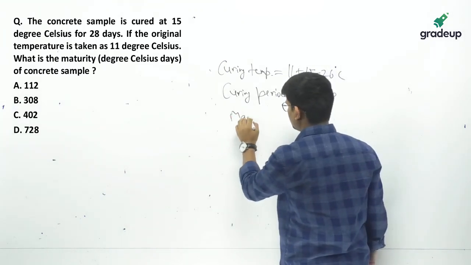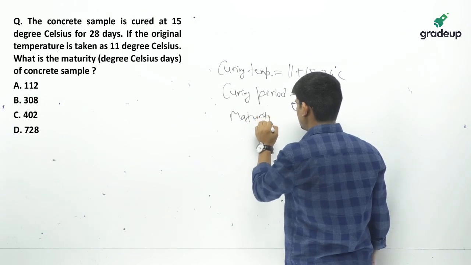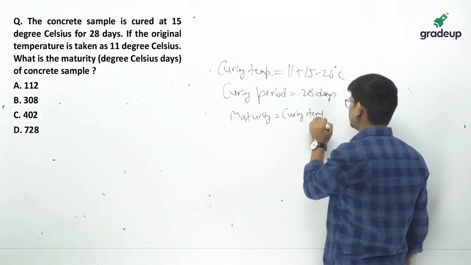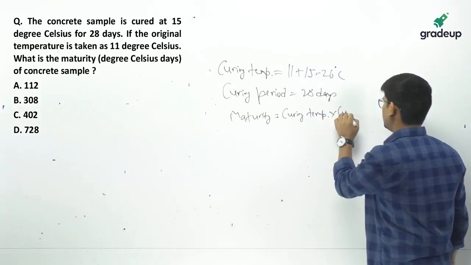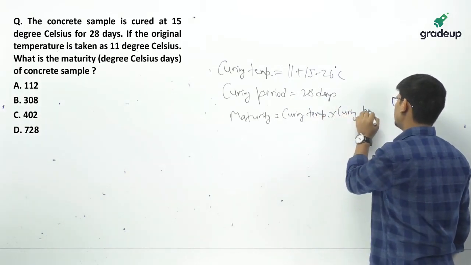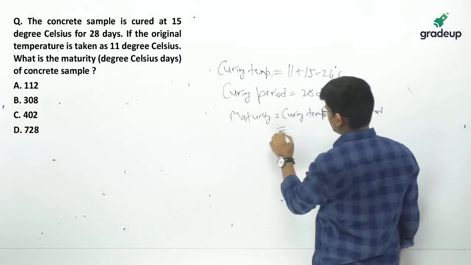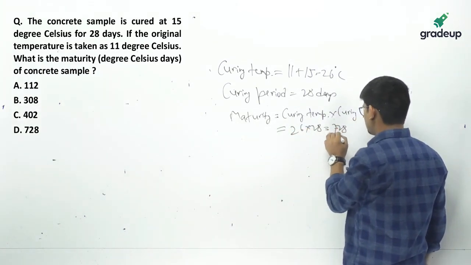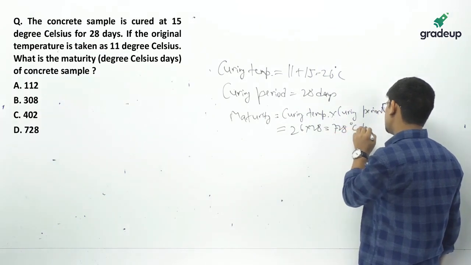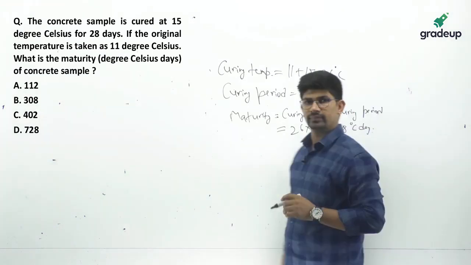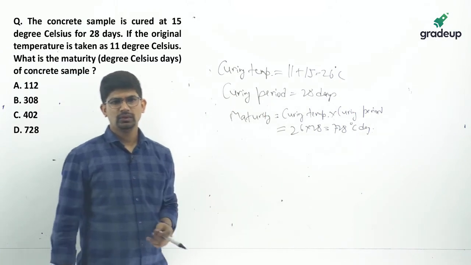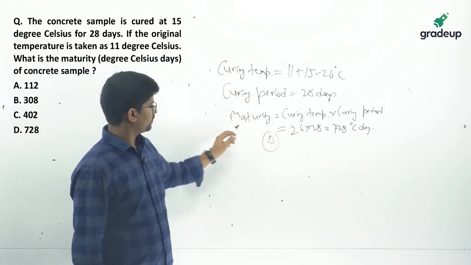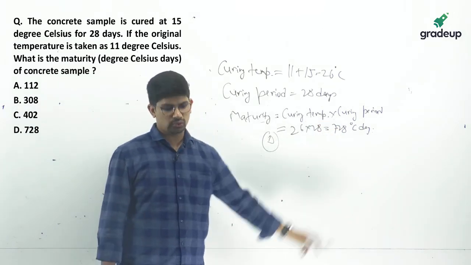Okay, so maturity, as we know, is equal to curing temperature times curing period. So it is 26 into 28, that is 728 degrees Celsius days. Okay, so option D is the correct answer.